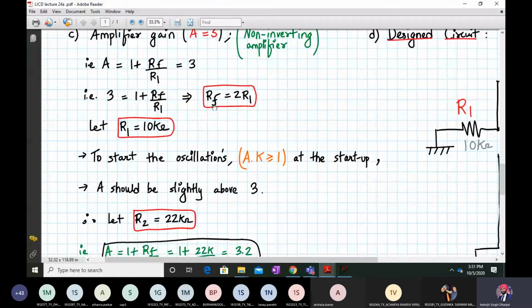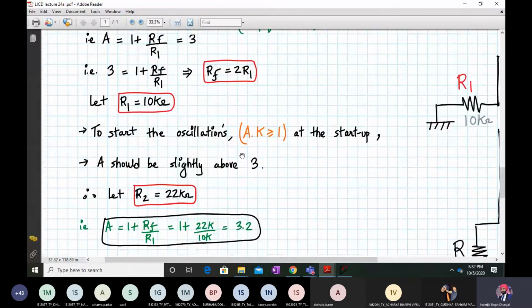Normally Rf should be 20, but since we have to keep the gain slightly above 3, we can select Rf as the standard value 22 kilo ohm. If you recalculate the gain, it is 1 plus 22k divided by 10k, which is 3.2, just greater than 3. So A into K will be slightly greater than or equal to 1 at the startup. That will help the circuit produce sustained oscillations.